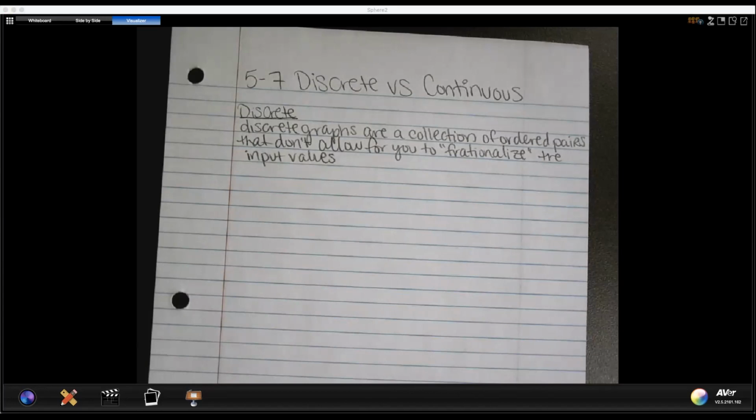For example, like if I was talking about cars, I can't fractionalize a car. I can't say, I'm going to give you half a car. Okay. Now, obviously you could give parts of cars, but you're not going to say, here is half a car. Or you're not going to say, here's half of a poster. You're not going to cut it in half and say, oh, I can have half of the poster. So fractionalize just means that we're not able to split it up.